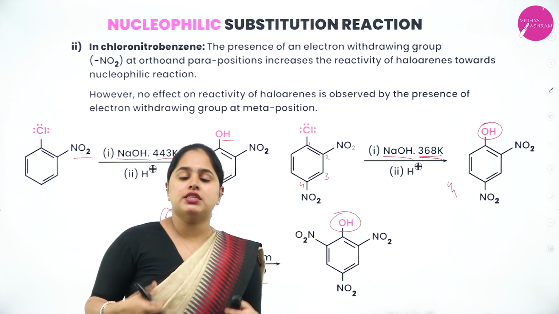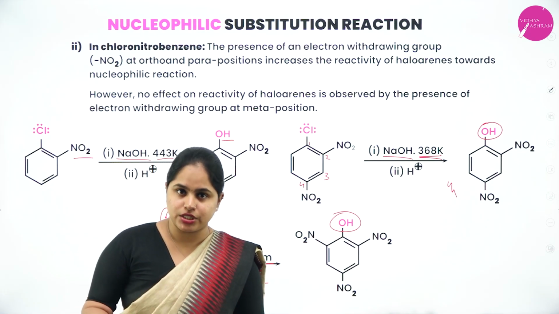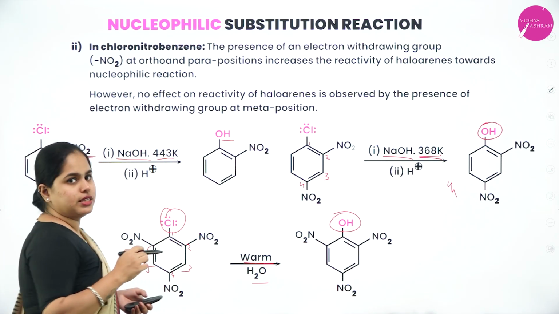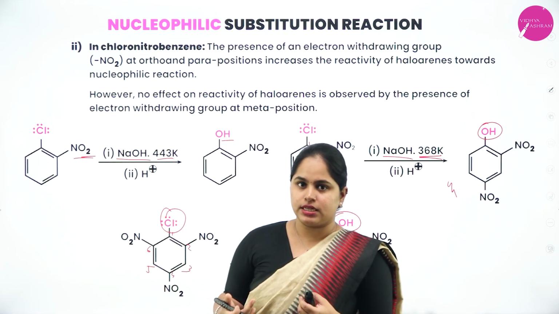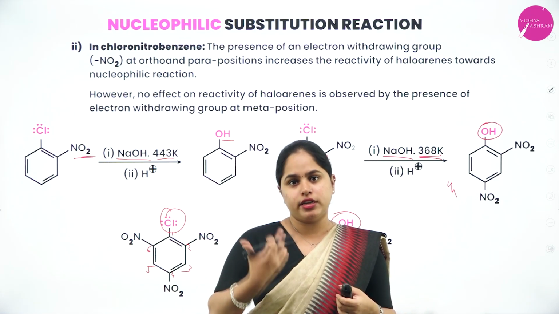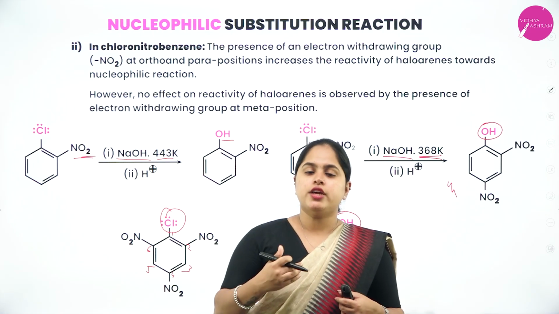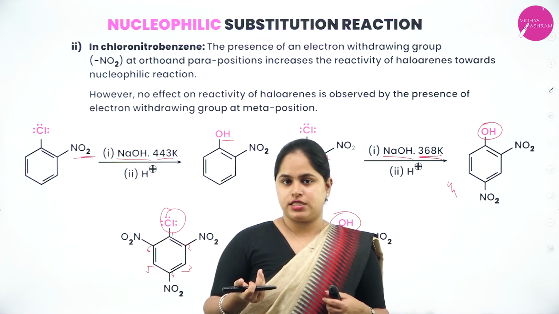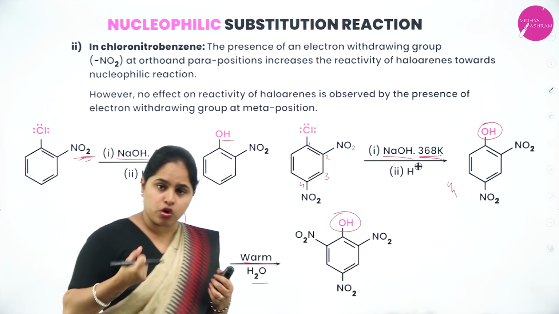So it means that the presence of the nitro group is making the nucleophilic substitution reaction easy, right? Now why is that happening? Because the nitro group is an electron withdrawing group. As discussed before, due to the resonance effect in haloarenes, the haloarene is electron rich, that is, the ortho and para positions will be electron rich. So to reduce the electron richness and make the haloarene more reactive towards nucleophilic substitution, groups like nitro groups, that is electron withdrawing groups, are taken.